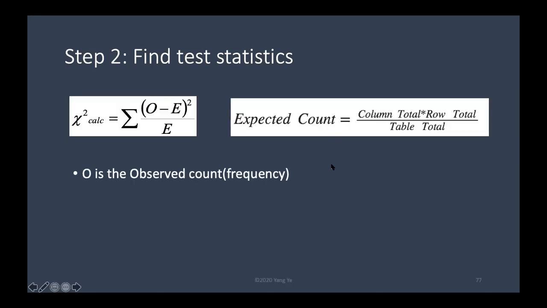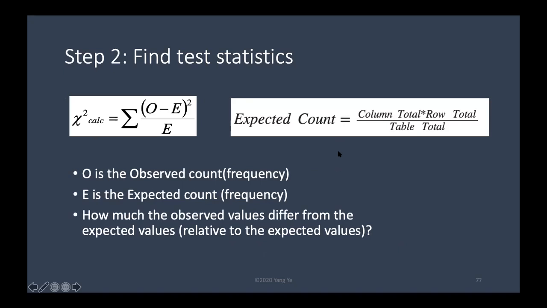This is how the test statistic is calculated. You have the observed frequency, and you also need the expected frequency. Expected frequency is calculated through this formula: column total times row total divided by table total.